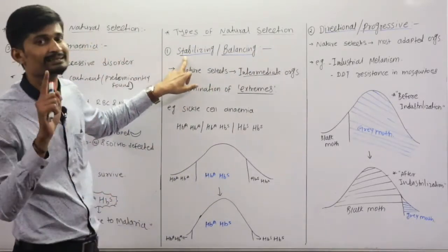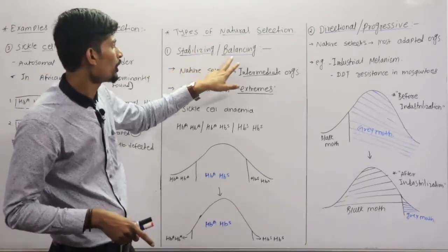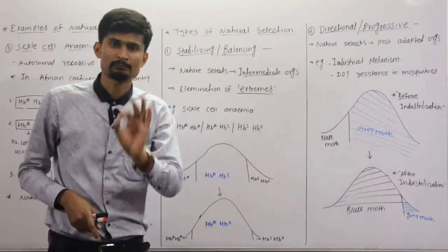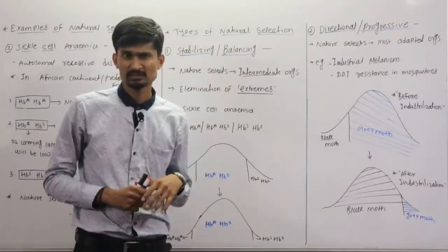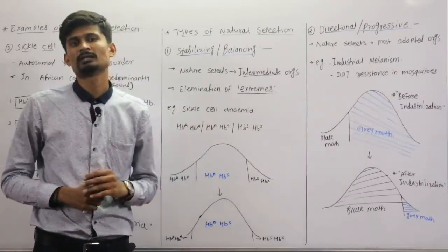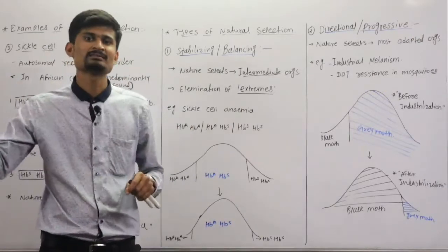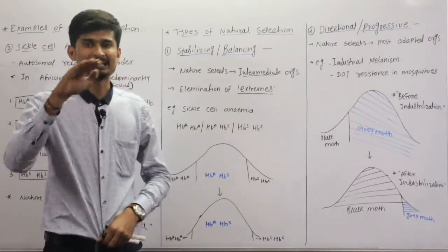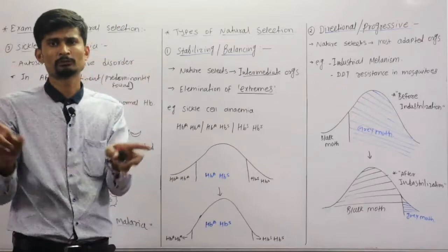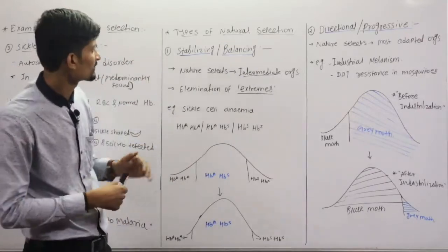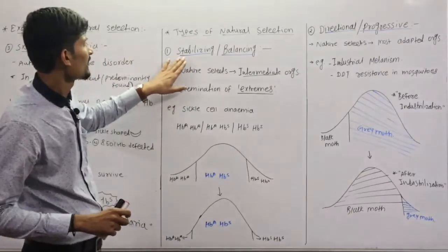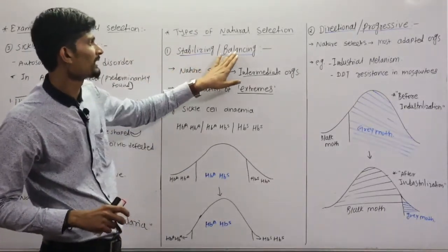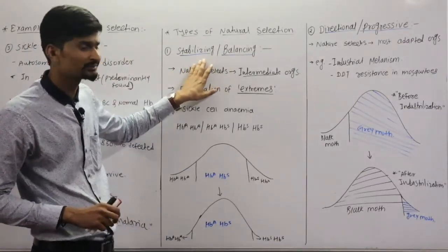So first one is the stabilizing or balancing type of natural selection. Stabilizing or balancing means this type of natural selection wants to stabilize the population, to balance the population in that particular region. That's why it is called stabilizing or balancing. So according to stabilizing or balancing natural selection, what happens?